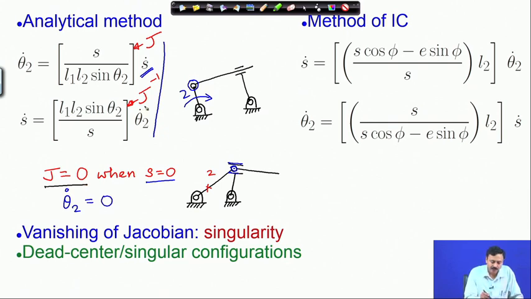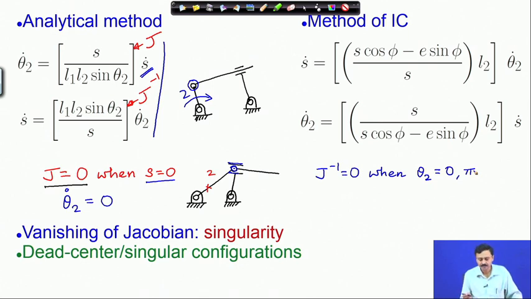When you look at Jacobian inverse, it is equal to 0 when theta 2 is equal to 0 or pi radian. And you can very easily see, because the numerator of Jacobian inverse has this sin theta 2, that will vanish whenever theta 2 is 0 or pi.